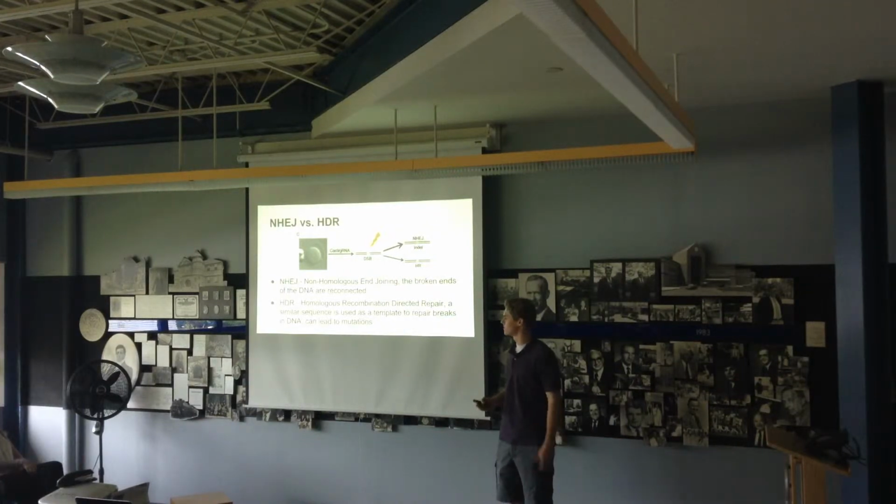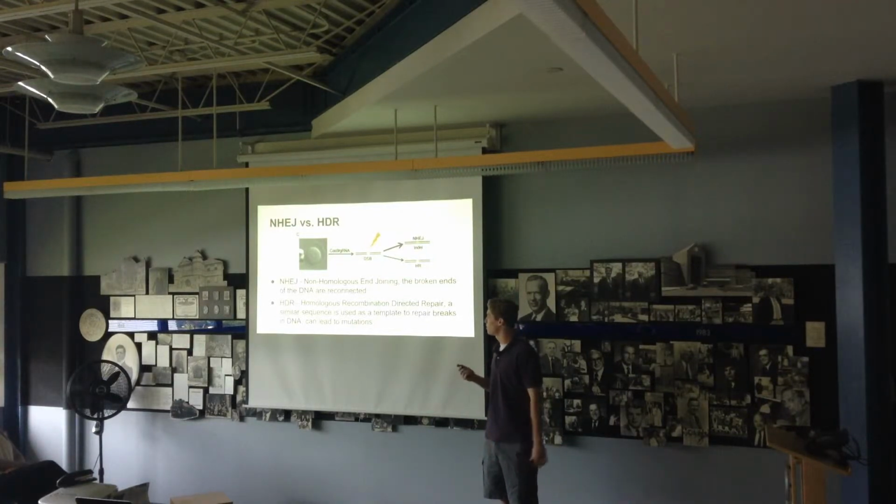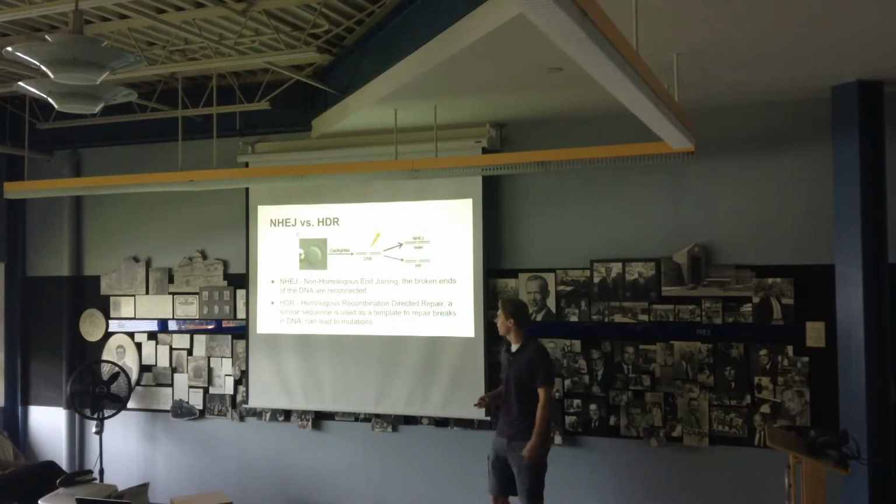Basically all that means is the cell takes the two cut ends of DNA and puts them right back together. The problem with this, though, is that while those two pieces of DNA are cut, you can have either nucleotides binding on or other extra nucleotides falling off. And so you might end up with some mutations, which could be harmful to the cell and potentially dangerous.